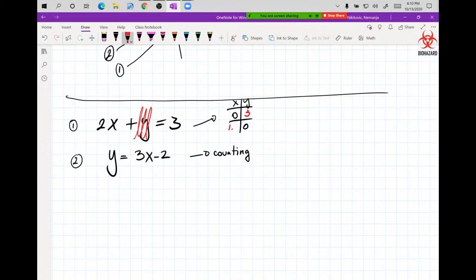So you can use it as a decimal if it's easier for you to graph it. So 1.5 is exactly in the middle of 1 and 2. And the second graph is just counting, so we don't have to worry about that one.